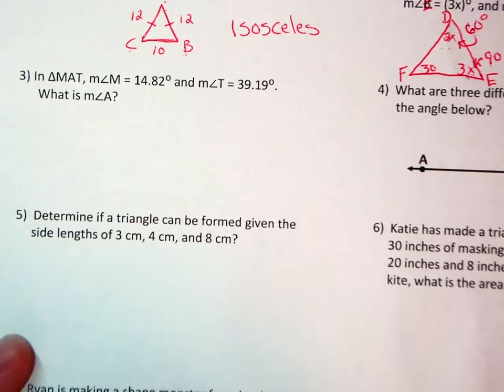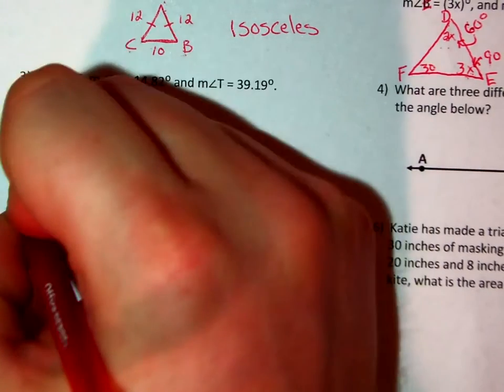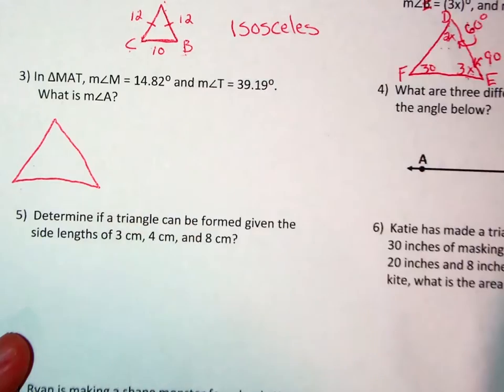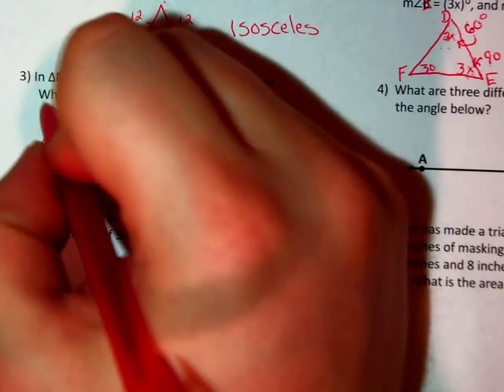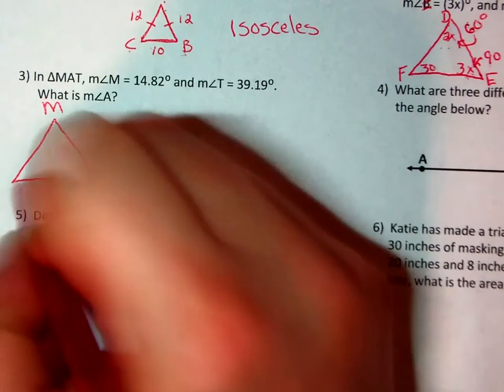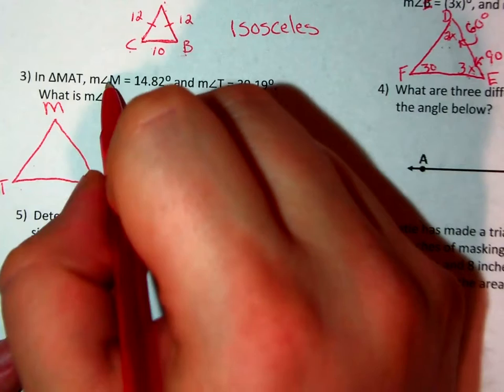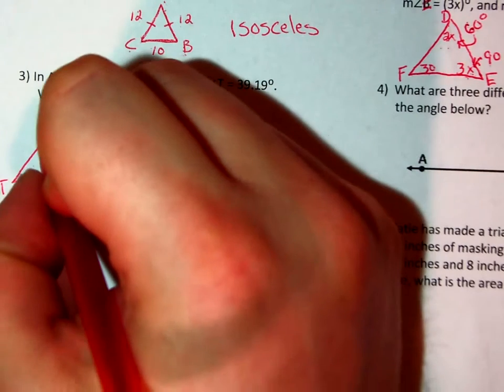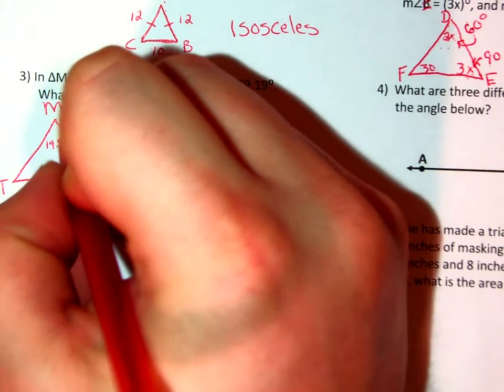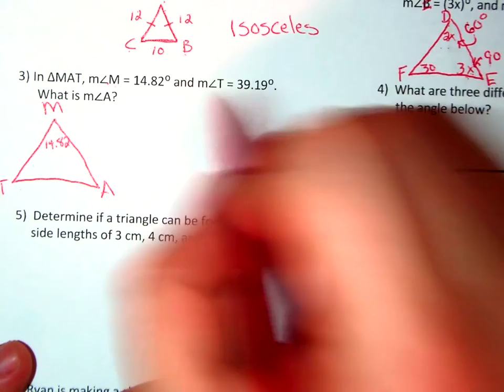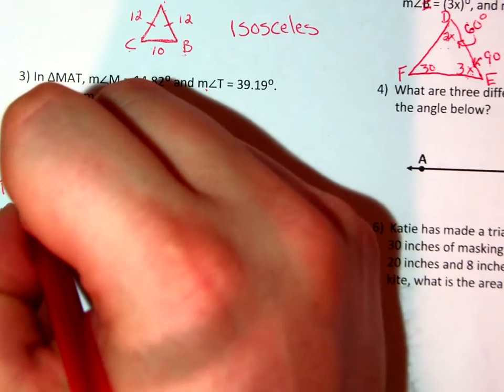Number 3, in triangle MAT. The measure of angle M is 14.82 degrees, and the measure of angle T is 39.19.